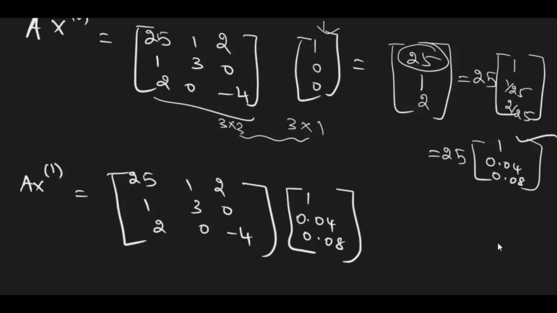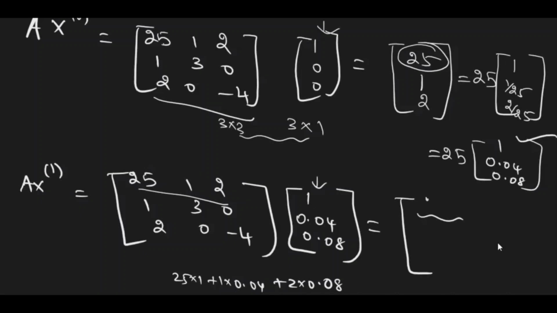Again it is matrix multiplication, so better use a calculator and save the matrix A, so every time you have to change only this. If you do it by the normal method, 25 into 1 plus 1 into 0.04 plus 2 into 0.08, it takes time and it's tough. No one is going to give you step marks for the calculation, so you can use the calculator to save time.